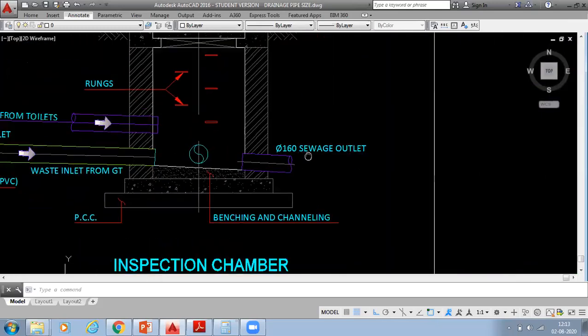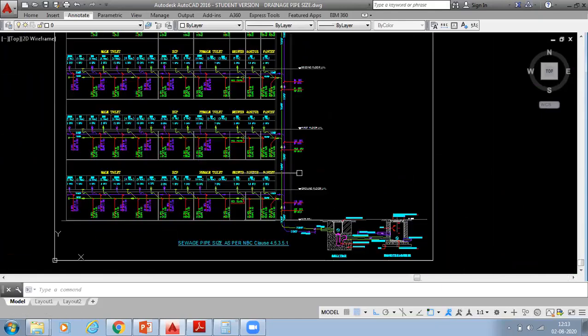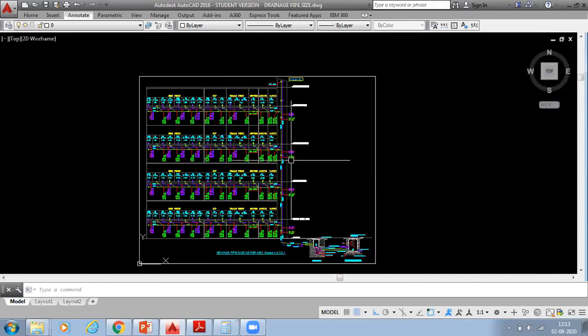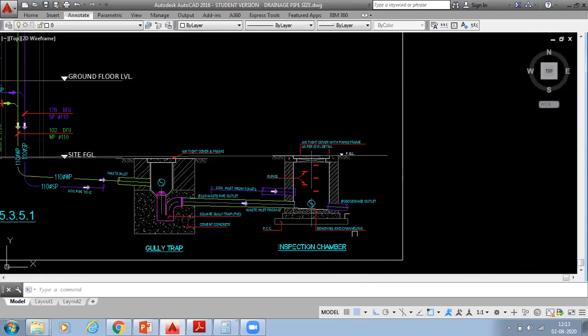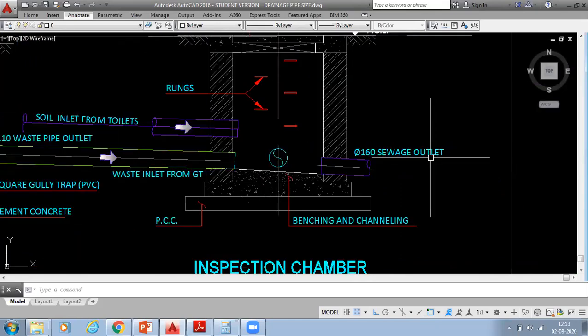So after this pipe, if it is going out as a 160 mm sewage outlet, assume this is one building. If your project has more than one building, some 10 or 20 buildings, we have to calculate the header pipes. These header pipes, 160 we have mentioned now.